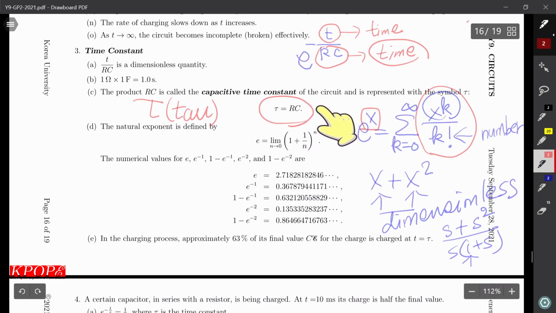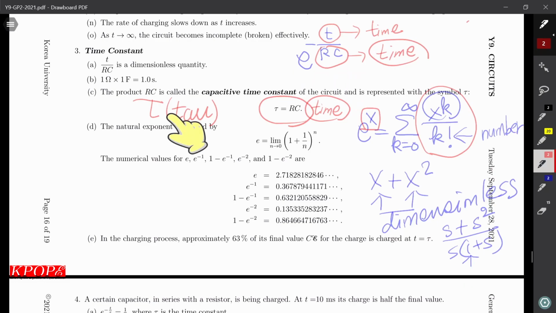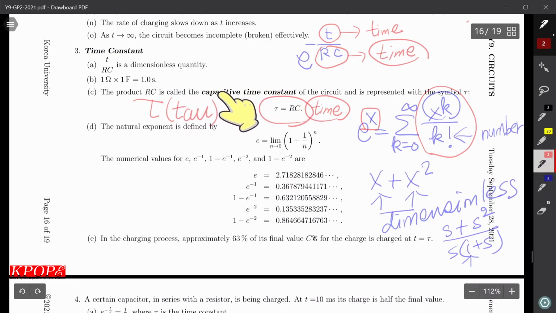It is a number with the dimension of time, and it is a very important number that specifies the characteristic of the RC circuit. So we have a special name: RC is the capacitive time constant.